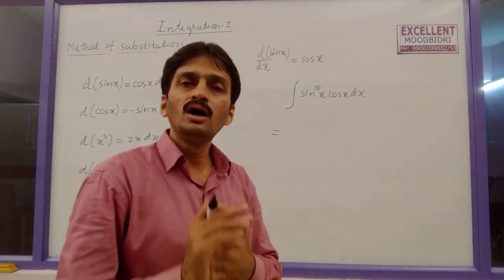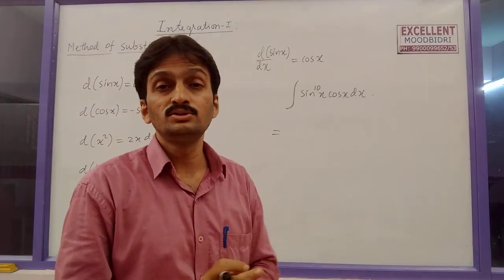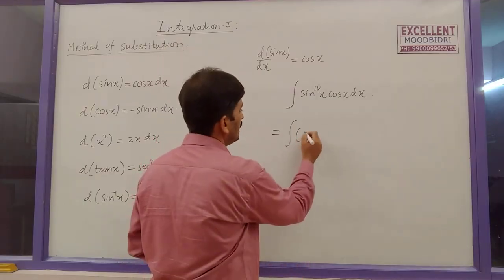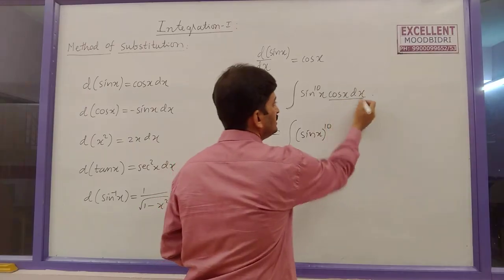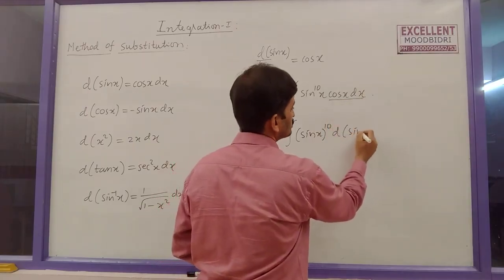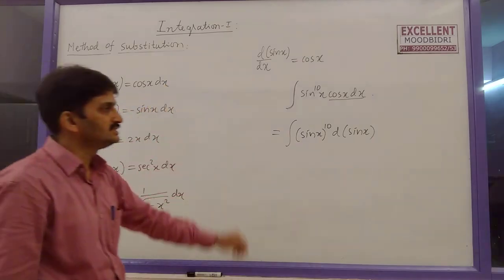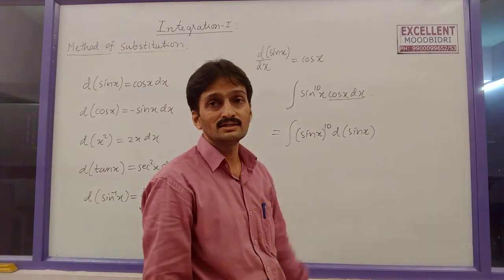But how should we avoid writing all those substitutions? Use the language of differentials. This can be written as sin x whole power 10, correct? cos x dx is d of sin x, correct now? d of sin x is cos x dx. So write cos x dx as d of sin x.